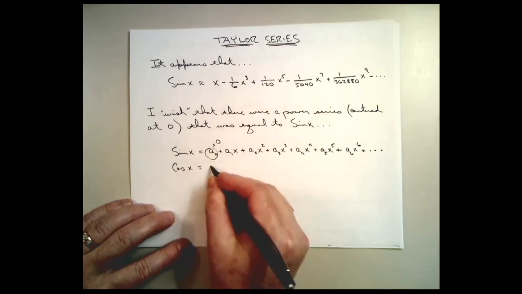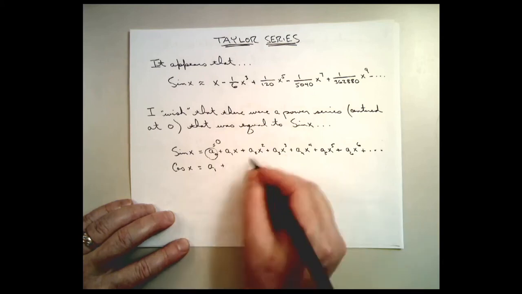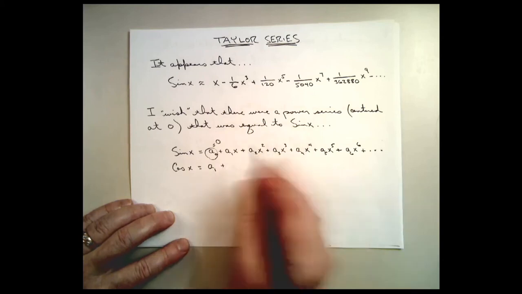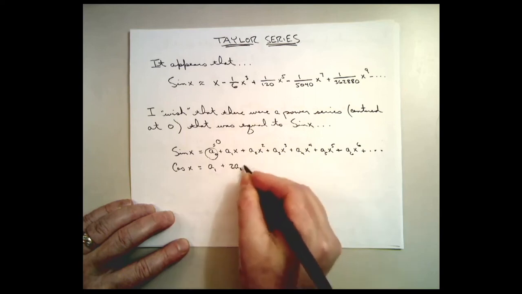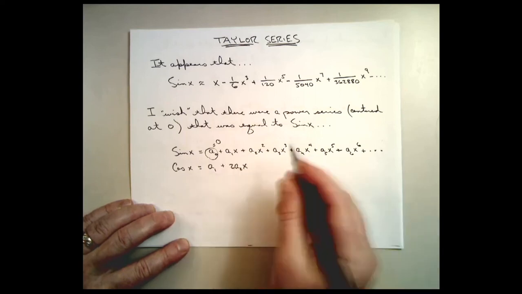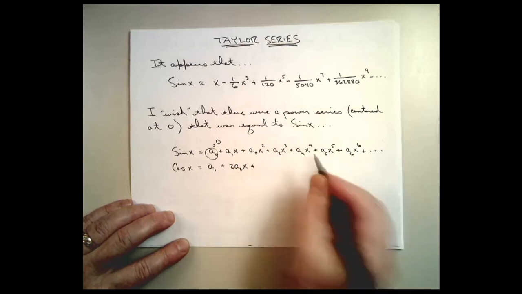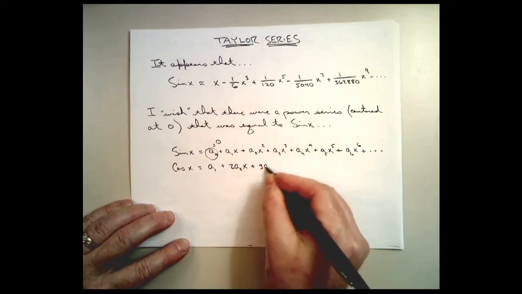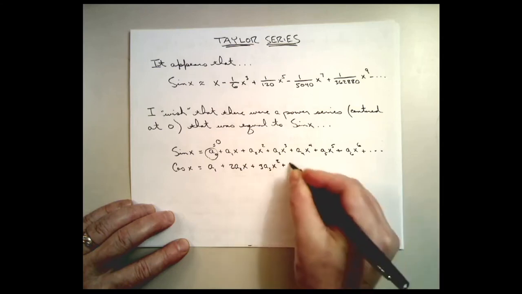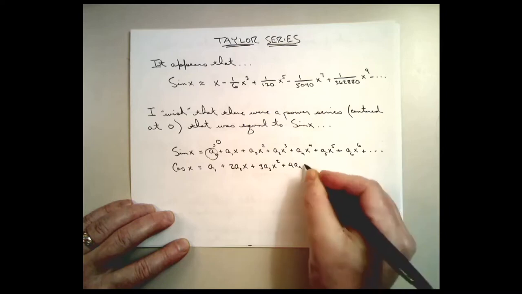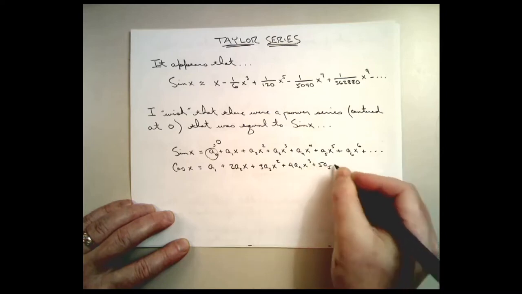Derivative of a1x is just a1. Derivative of a2x squared is twice a sub 2 times x. It's easy to find derivatives of these power functions. 3a sub 3 times x squared, 4a sub 4 times x cubed, 5a sub 5 times x to the fourth.